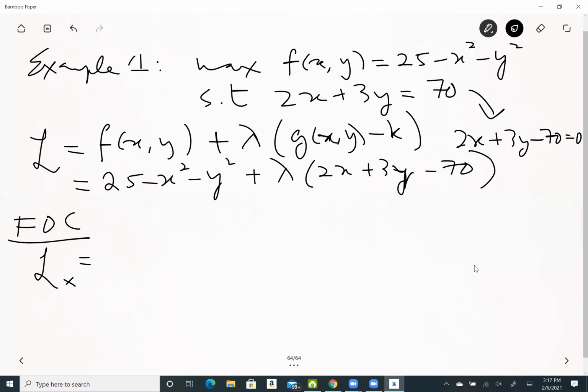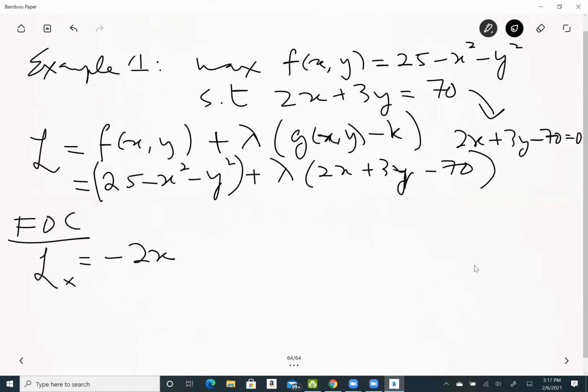That is the objective, fx, which is negative 2x. Then you have the lambda multiplied by 2x, 3y, 70.